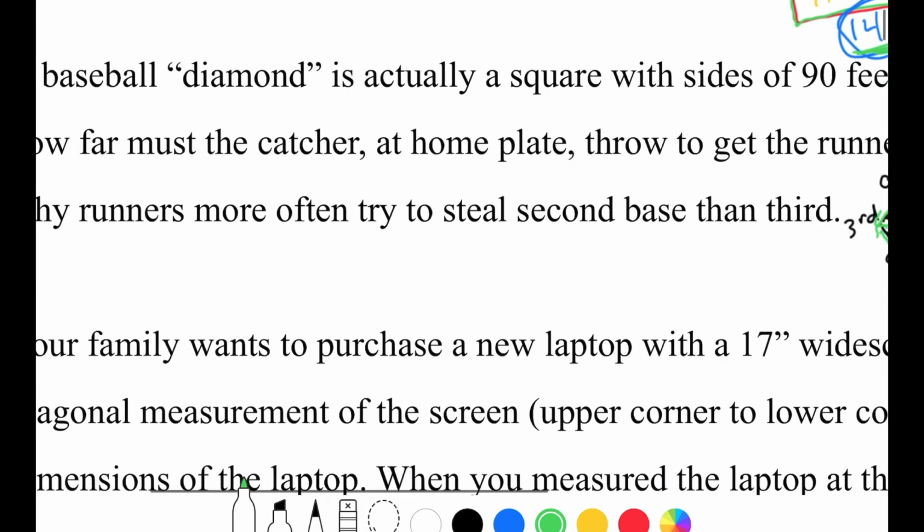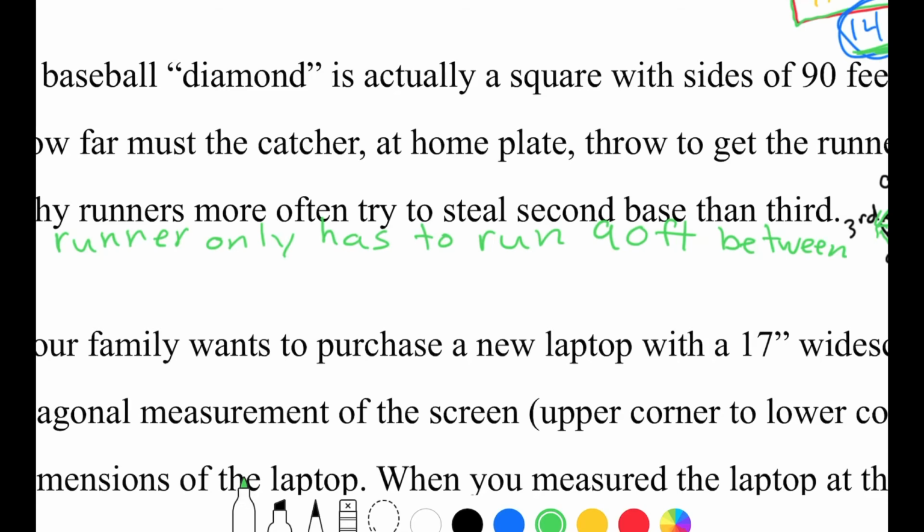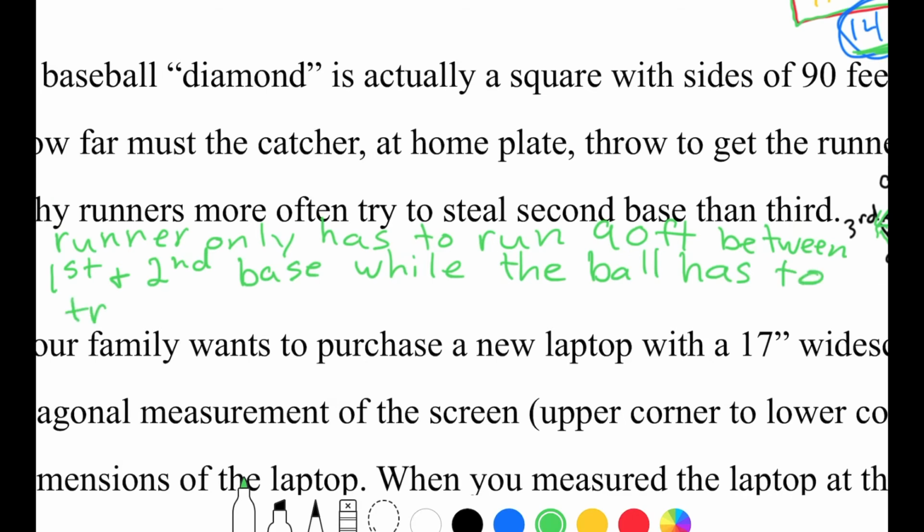The answer should be runner only has to run 90 feet between first and second base while the ball has to travel approximately 127 feet.